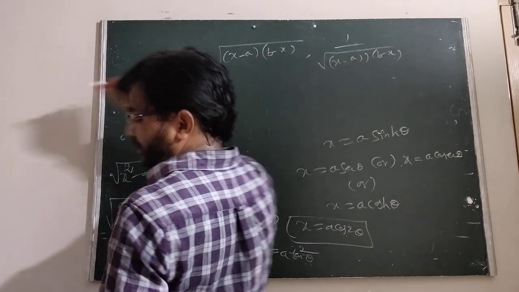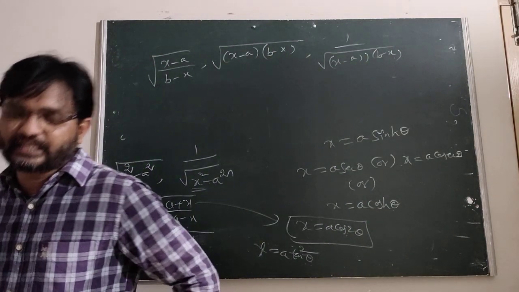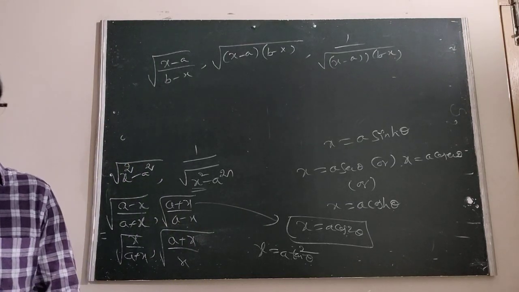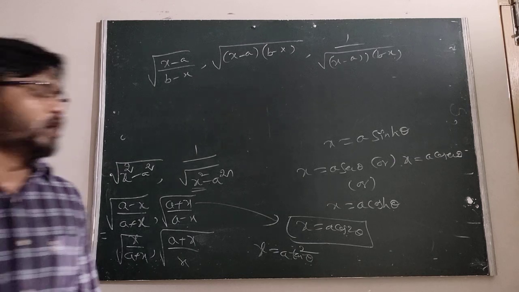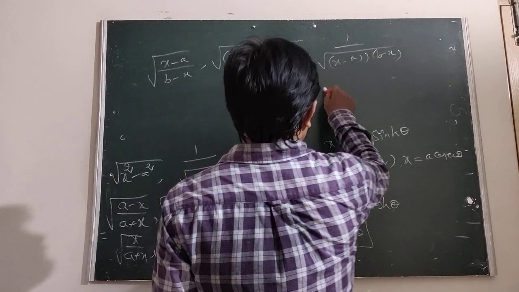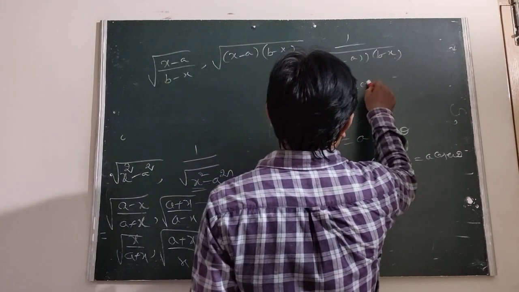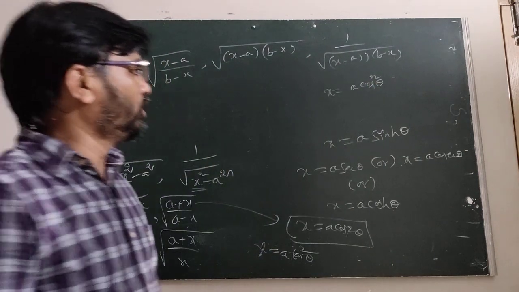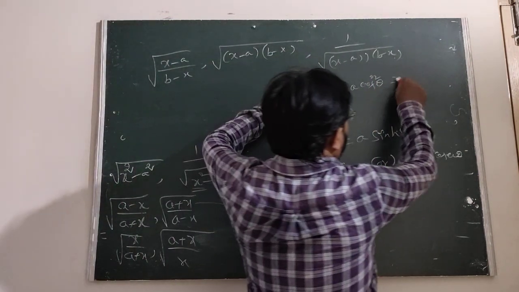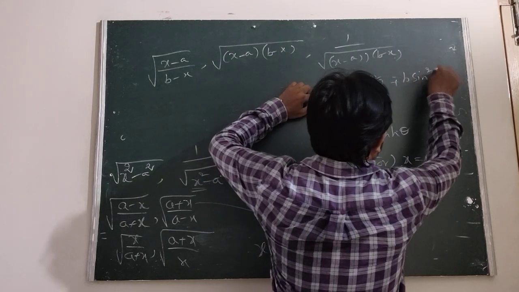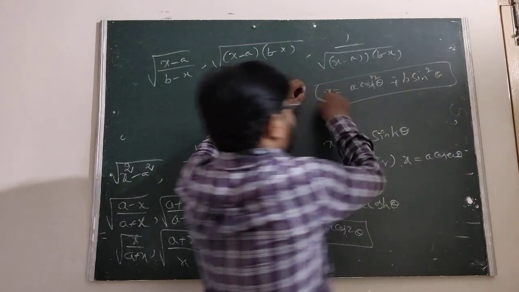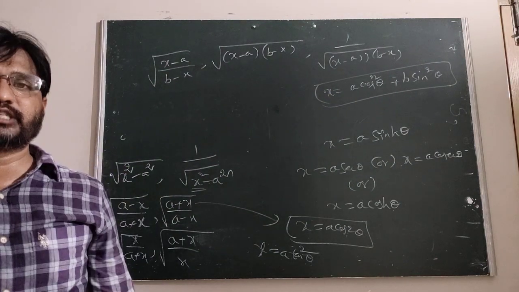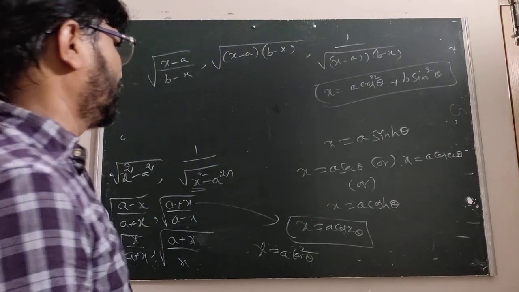These are the three types. We have to take only x equal to a cos square theta plus b sin square theta as the suitable substitution.